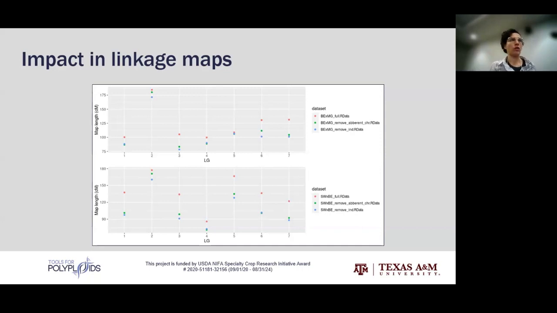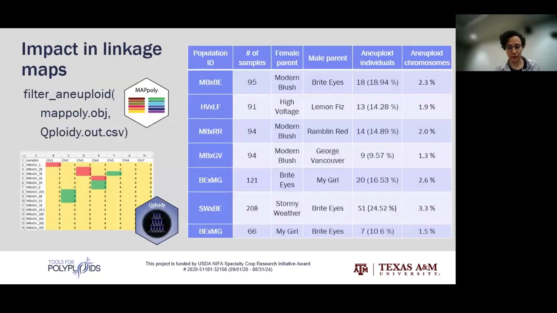And in our situation, in all groups, the size of the map was reduced. And we created this function called filter aneuploid that's implemented in MAPpoly. You just put the MAPpoly object and the ploidy result, which is just a table saying which ploidy each one of the chromosomes and individuals has, and it will filter the haplotypes for you.